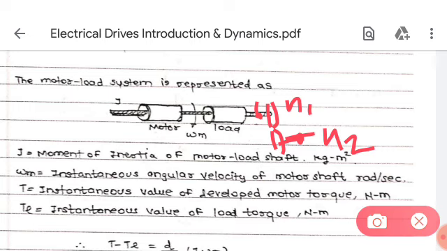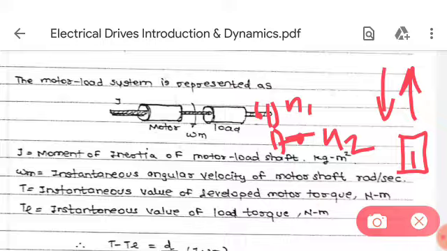And there could be loads with rotational motion, and loads with translational motion. Suppose there is an elevator or lift, it moves only up and down. So this is a translational type of load. Or a compressor has a piston to pump air into the tank, and that piston moves only to and fro, like linear motion.